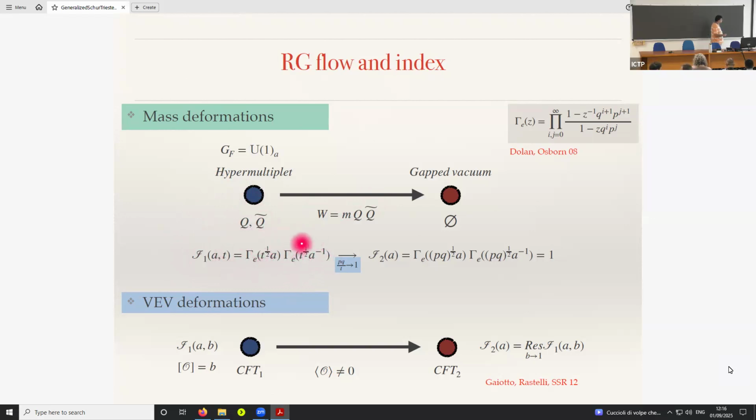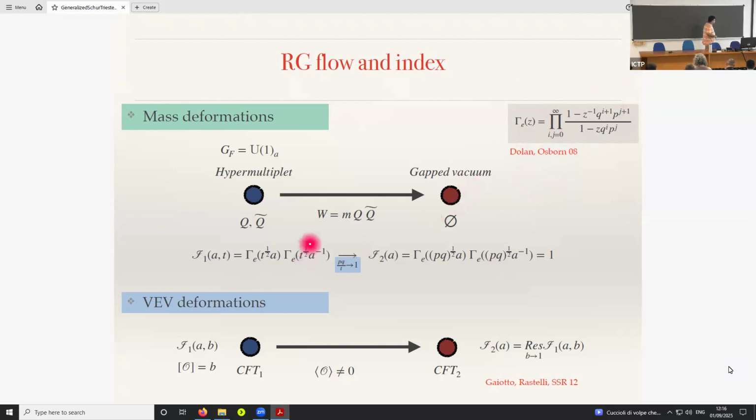It is a product of two elliptic gamma functions. The elliptic gamma function is a special function which is a doubly infinite product. Again, the details are not important, but it is important that it is an infinite product, not a trivial rational function. You can think of the numerator as coming from the fermions in the theory and their derivatives, and the denominator from the bosons and their derivatives.